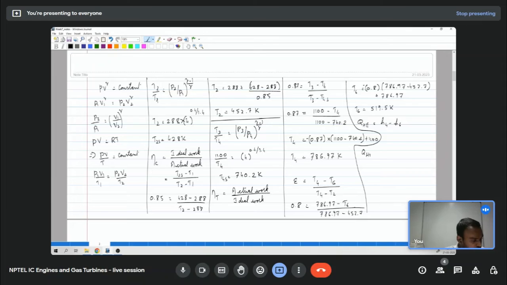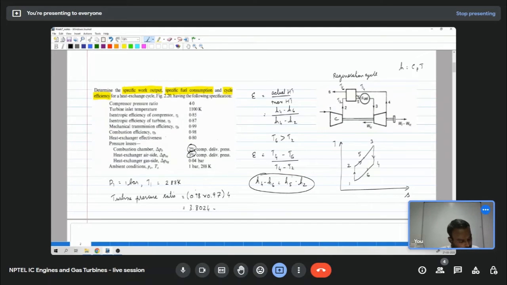So Q heat exchanger is Cp into T, or we can directly write, with the heat exchange being the same across the streams, T4 minus T6 equal to T5 minus T2.